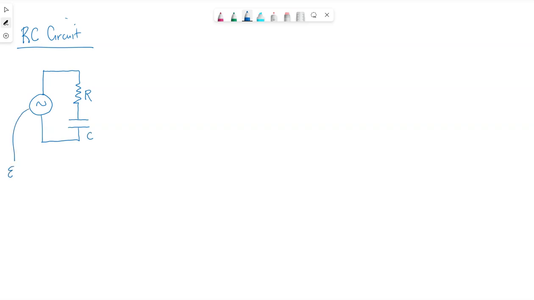So our source voltage is changing with time. Our resistor will have some sort of voltage as a function of time. Our capacitor will have some sort of voltage with respect to time.